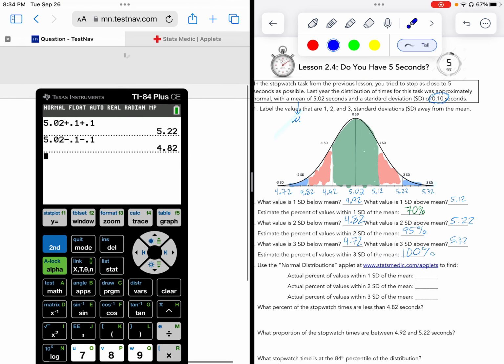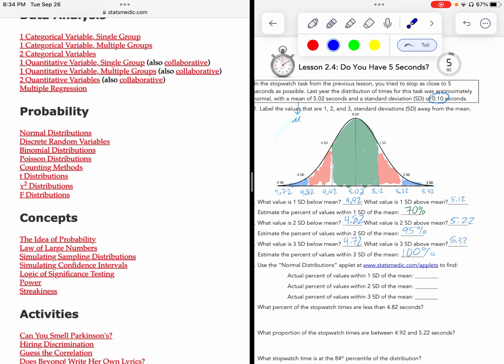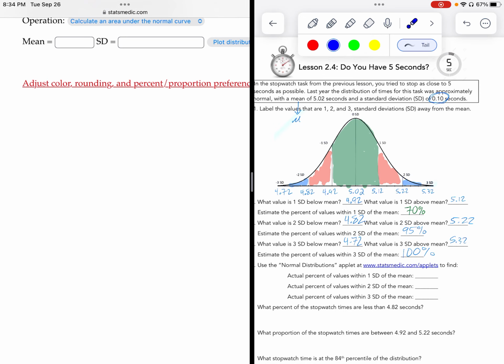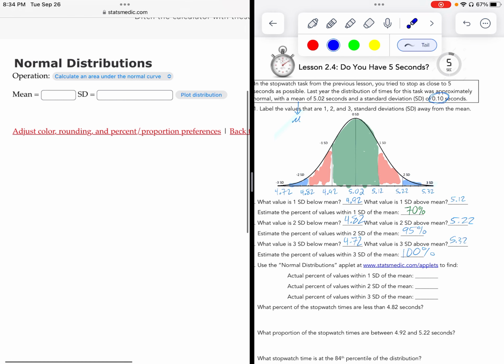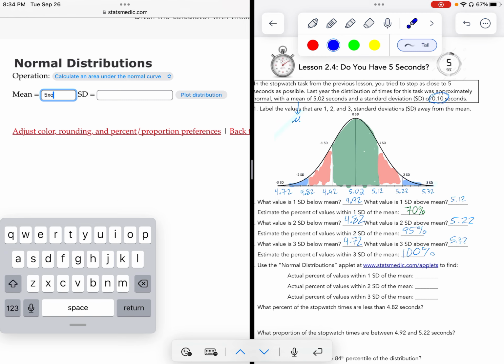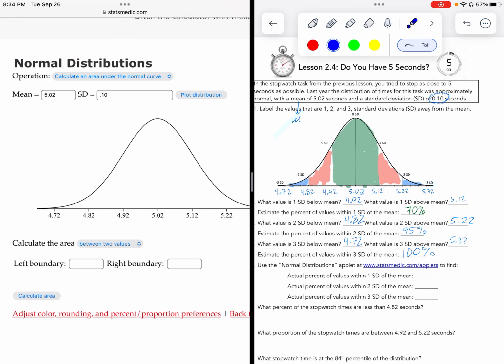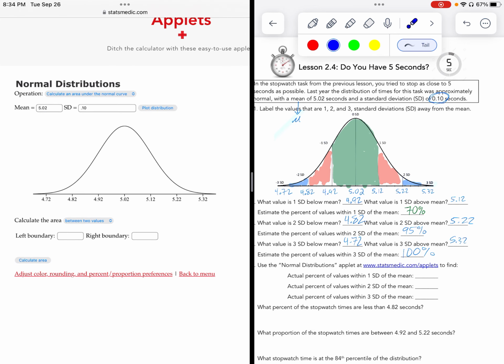So, bring up the applet, and we're going to go to the normal distribution under probability right there. This is so cool. You guys are going to like this. We're going to find the actual percentage within 1 standard deviation of the mean. Look at this. All I have to do is type in 5.02 and a standard deviation of 0.10, and then plot the distribution, and there it is. That's exactly what we have on the right side there.